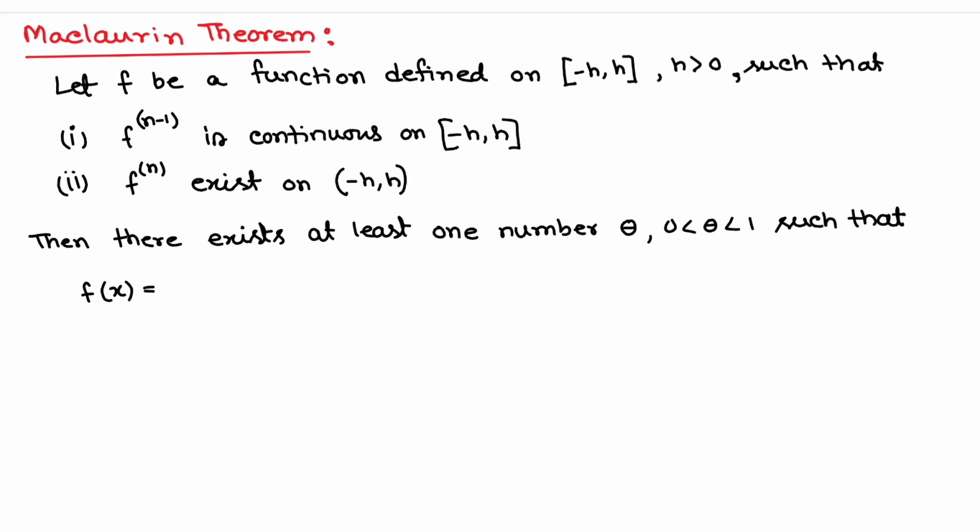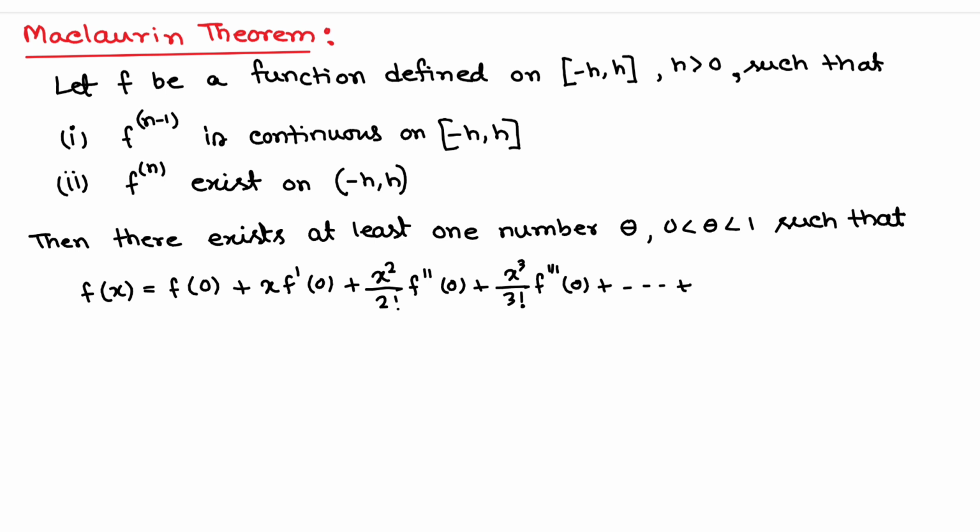f of x equals f of 0 plus x f dash 0 plus x square by 2 factorial f double dash 0 plus x cube by 3 factorial f triple dash 0 plus dot dot dot, last term x to the power n minus 1 by n minus 1 factorial f n minus 1 0 plus x to the power n by n factorial f n theta x.